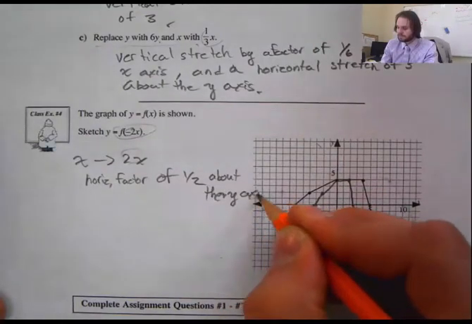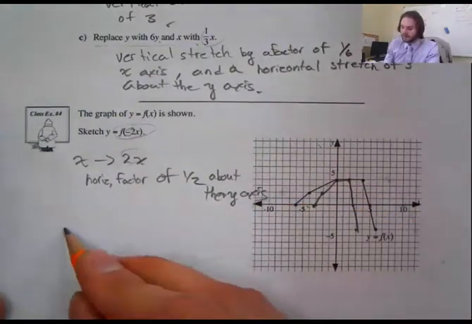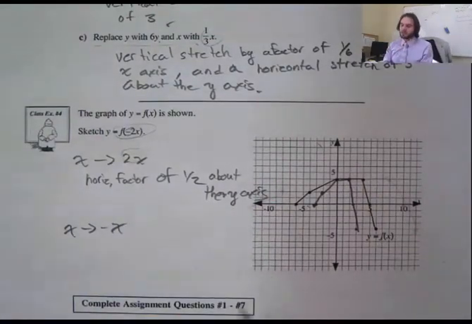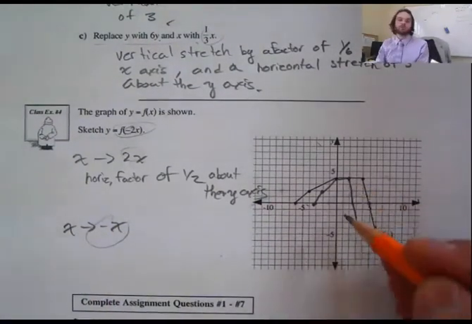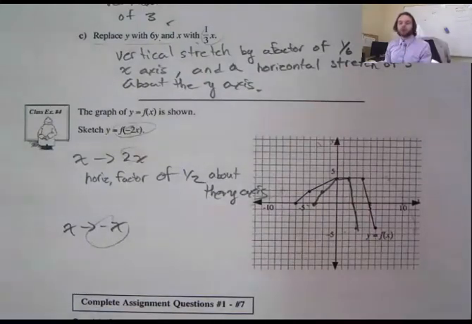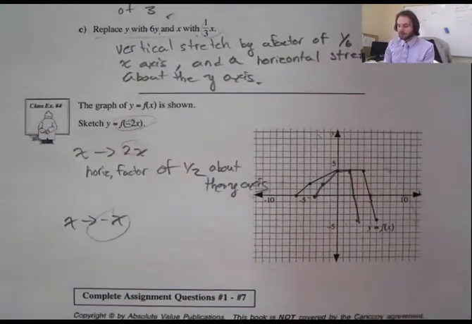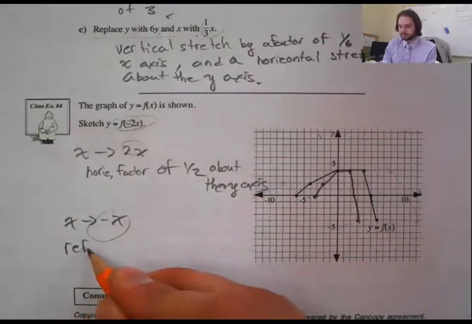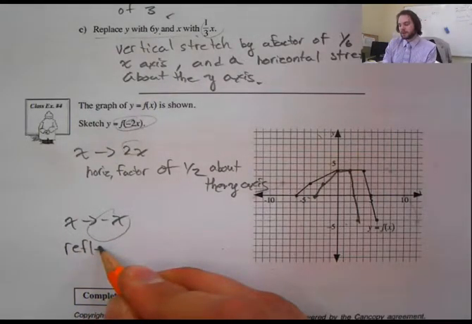Okay? Now the next one is x must go to negative x. So now we have this and we're putting it negative. So now I'm going to reflect this about the y-axis.